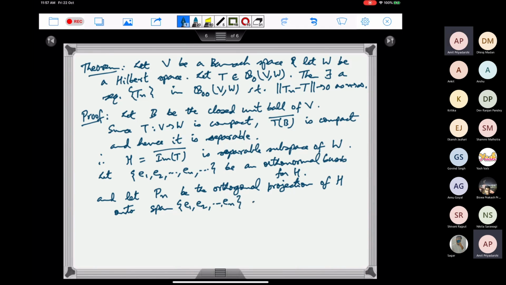So we are looking at the orthogonal projection onto this finite dimensional subspace spanned by E1, E2, En. So we know how to define this orthogonal projection, right?